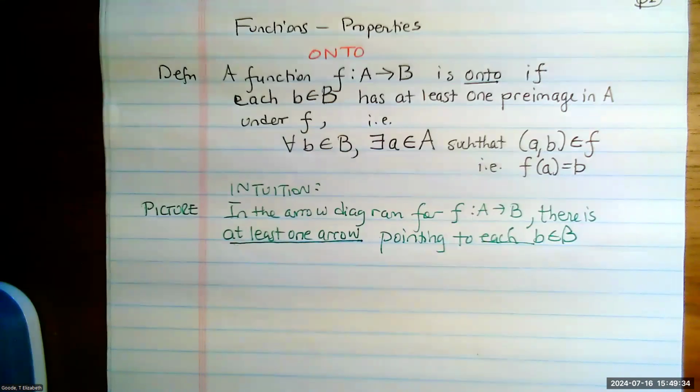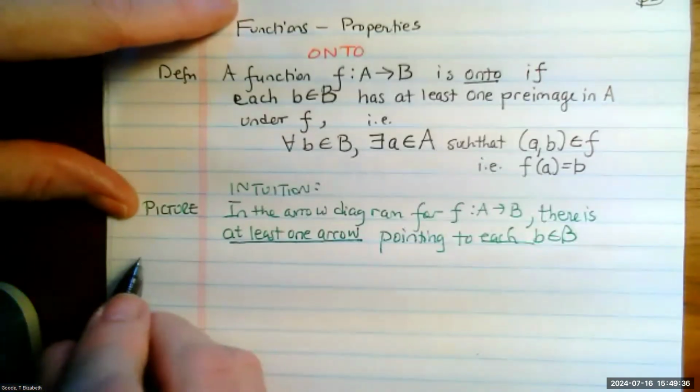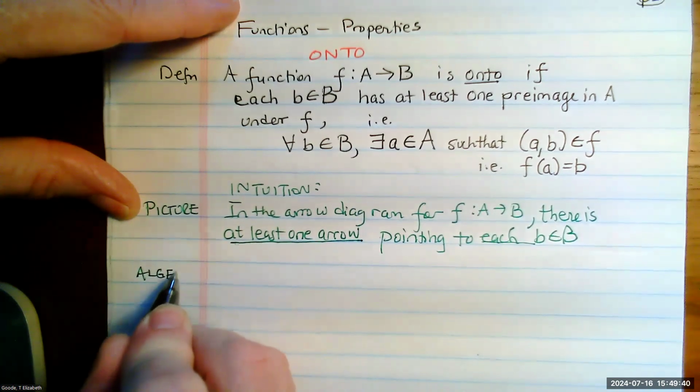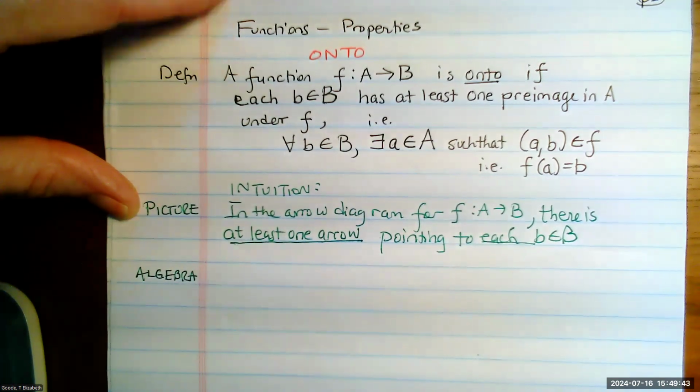You see? And then if we want to think about the algebra, you want to think about F as a set of ordered pairs.